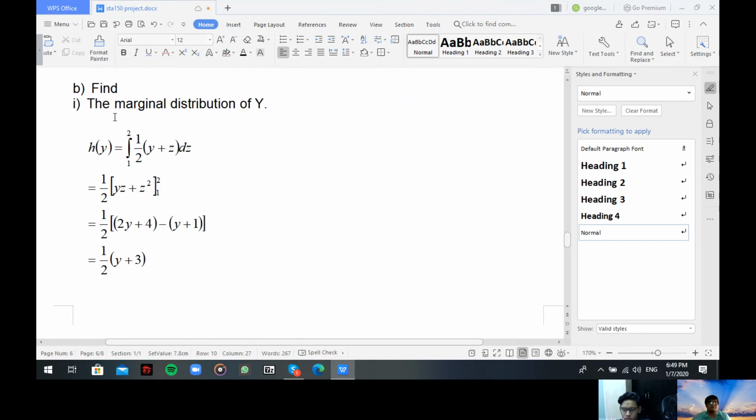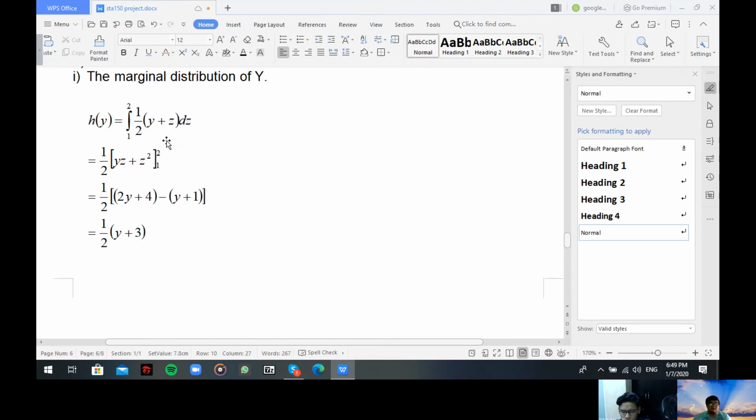Okay, for part B, find the marginal distribution of Y. Like I said, the marginal distribution you can find using the box if it is discrete, but this is continuous. So if it is continuous, I just use the formula. h(y) is equal to the integral of f(y,z) dz.